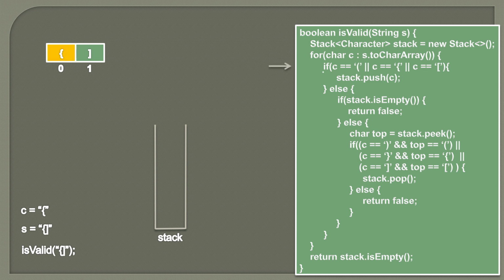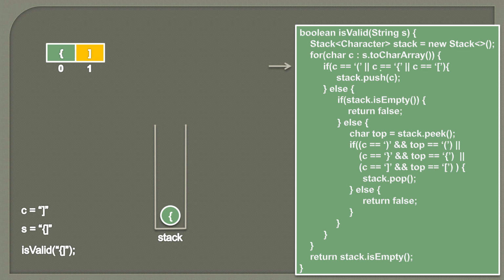Here you can see that for the first step, at 0 index, the condition holds good because we have an opening bracket. So C is actually equal to opening curly bracket. So we simply push C on the stack. So this opening curly bracket comes on the stack. Now C moves to the next character, which is closing square bracket.